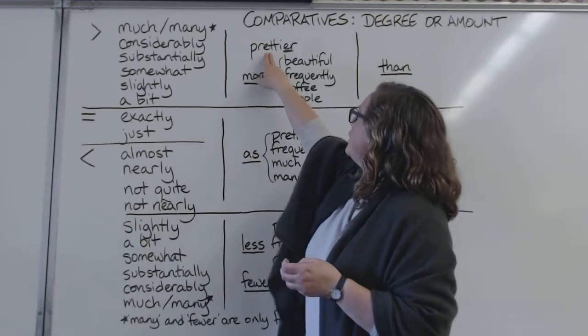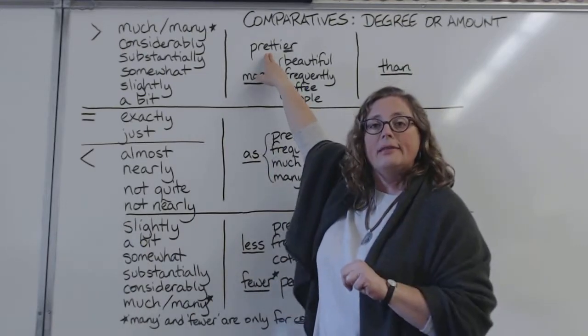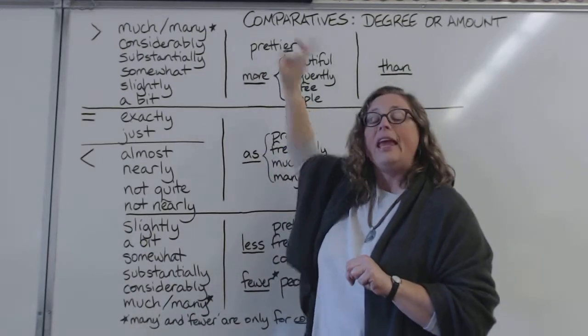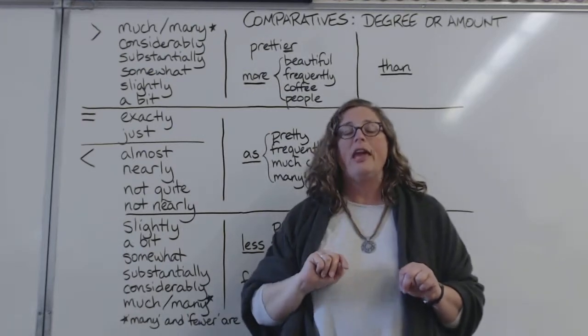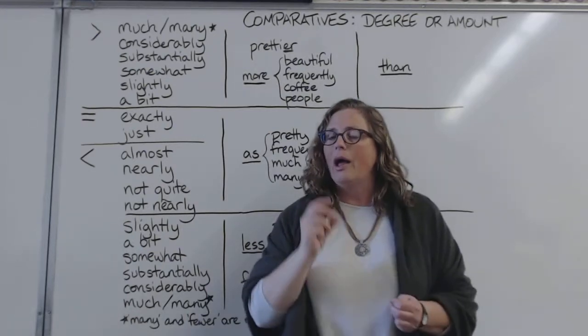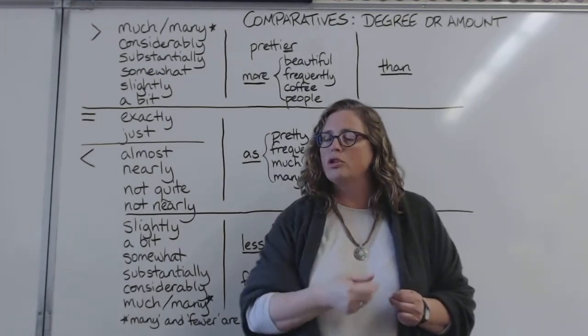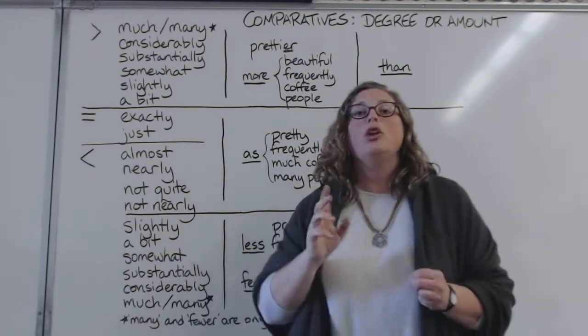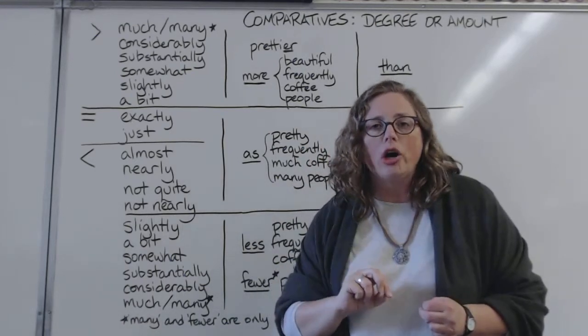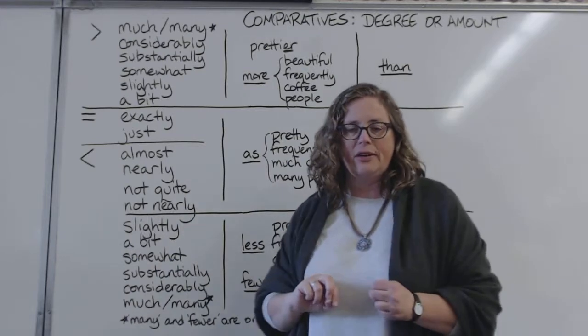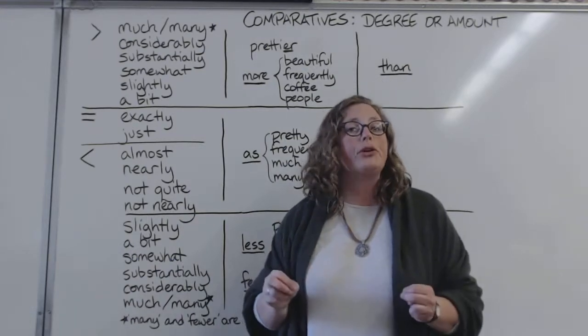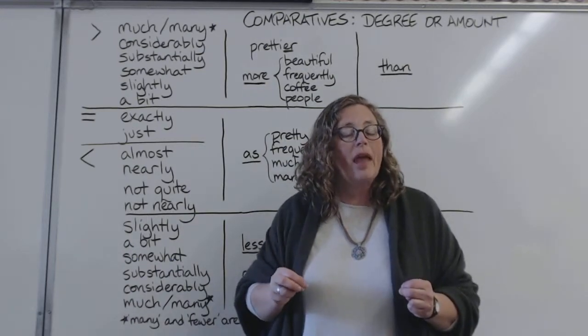With the adjective, there are two ways of making a comparative. If an adjective is one syllable, hot, cold, nice, you add ER to the end to make the comparative. Hotter, colder, nicer.